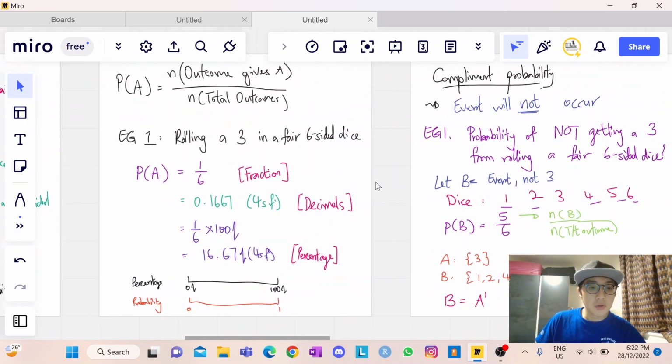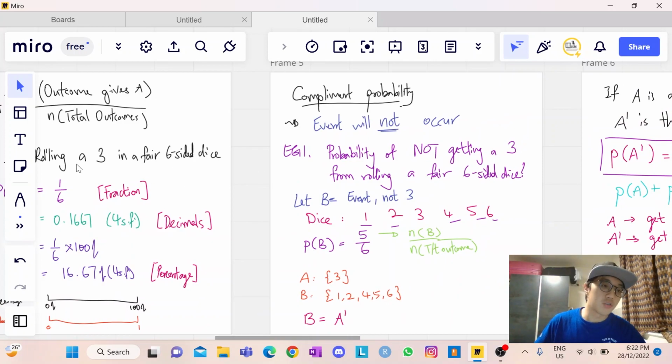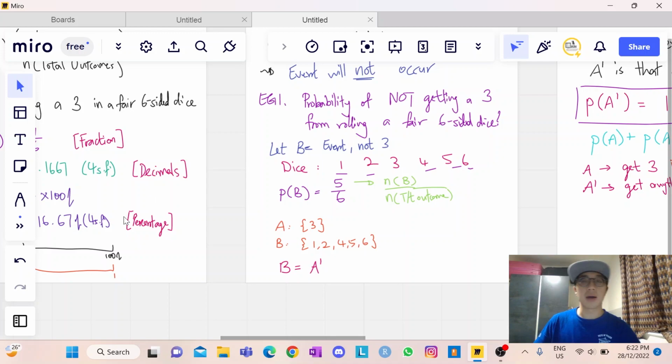I had also introduced to you how to represent a probability as a fraction, decimal, or percentage. It's up to you, but usually we use fractions and decimals more. Just for you to know, there might be a possibility that the exams will give you values in terms of percentage.